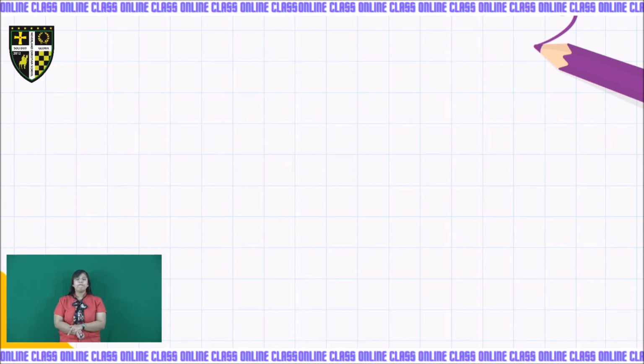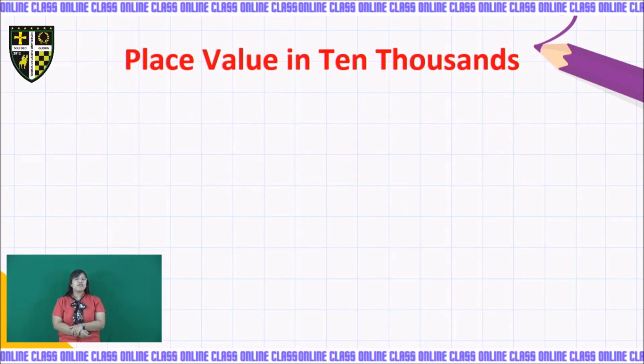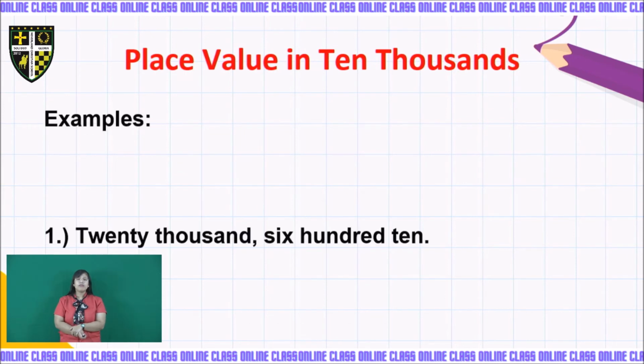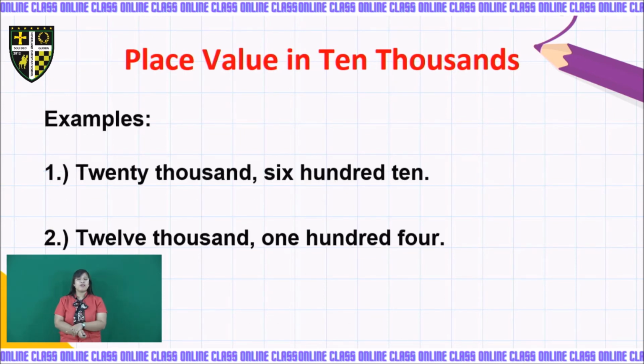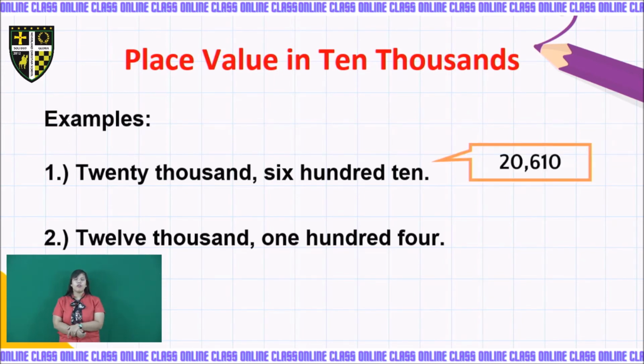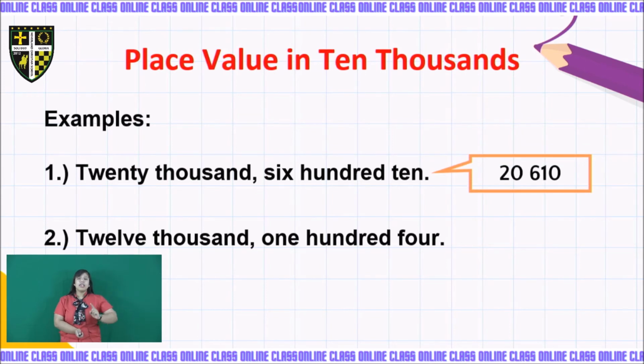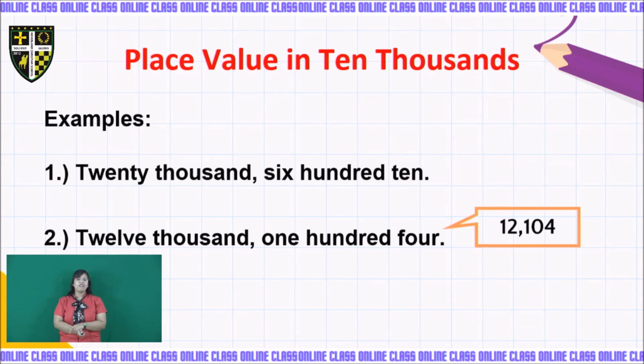Next one, we have place value in 10,000. So we have 20,610 and 12,104. For the number 1, we can write it as 20,610, or 20 space 610.